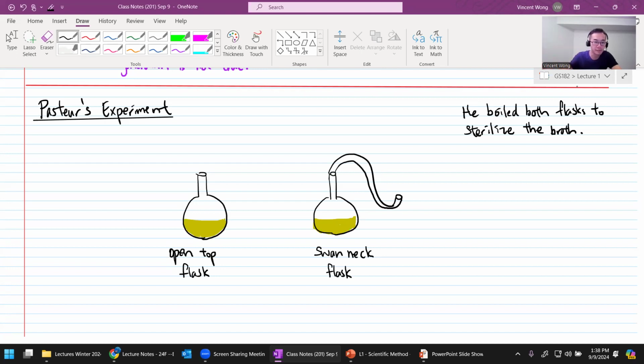And then he left the flask outside for a couple of days, and he came back to look for microorganisms. So in this setup, this would be the control, right? No special neck, and this would be the treated group.